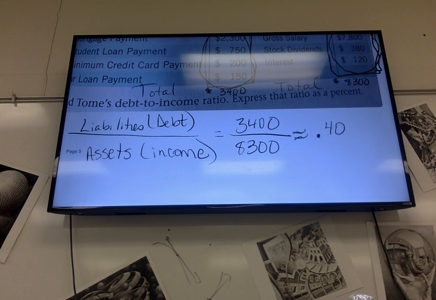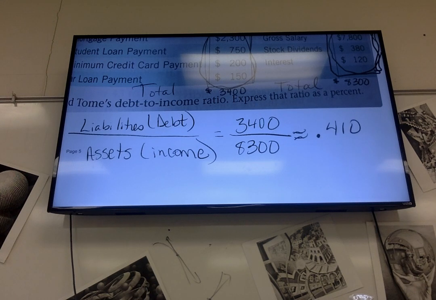I typed it in wrong. It actually would be 0.410 because the 6 rounds the 9 up to 10.